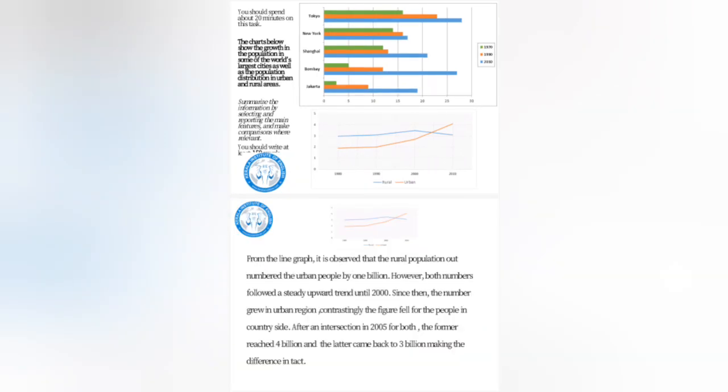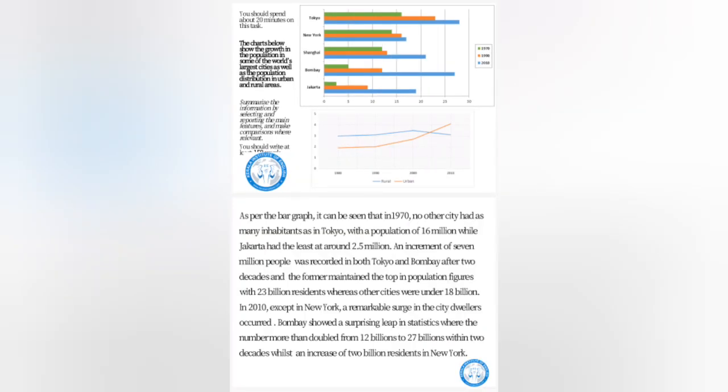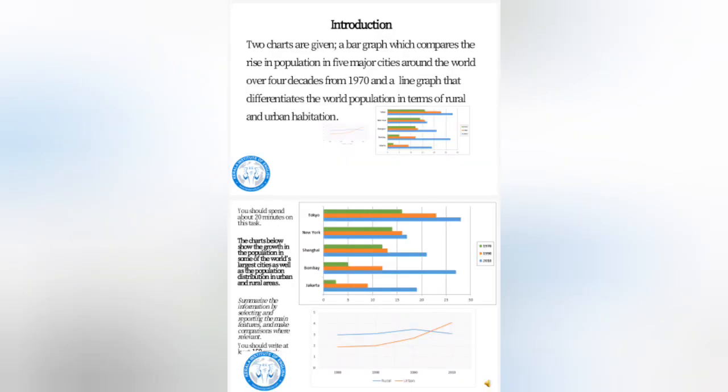When you introduce an essay, when you introduce writing task 1, it's always good to write in a way that normally others do not write. I mean to say, try to be uncommon. For example, in this one you have several ways to write. I'm giving you an example.